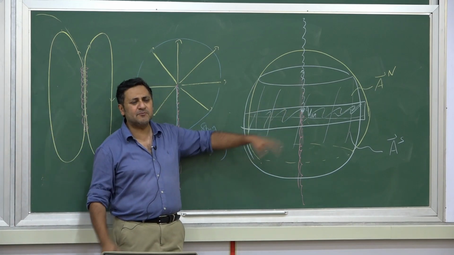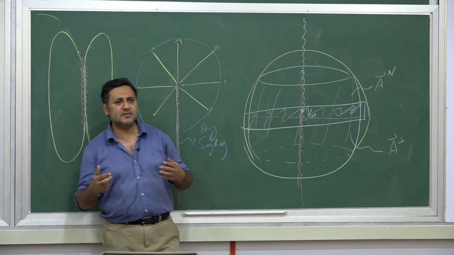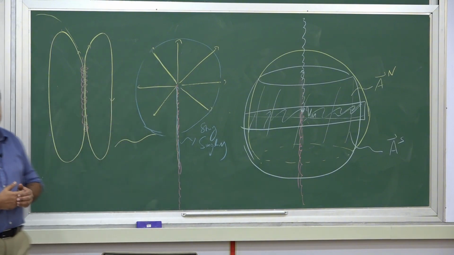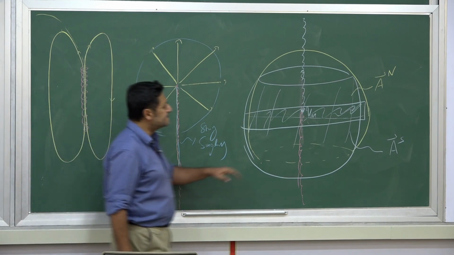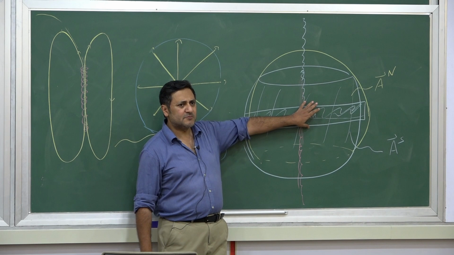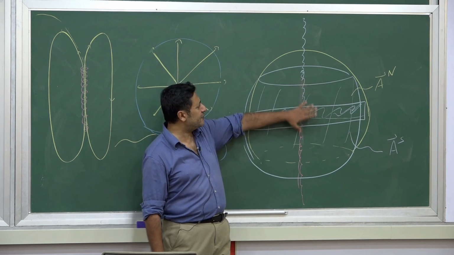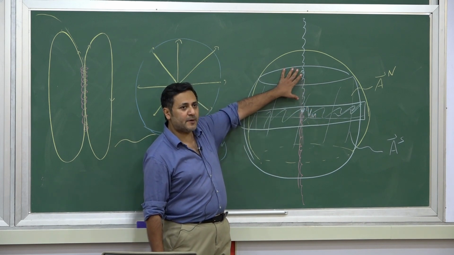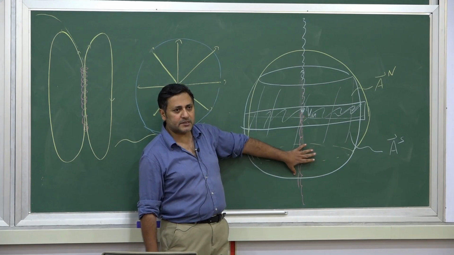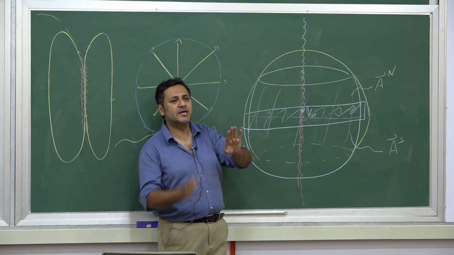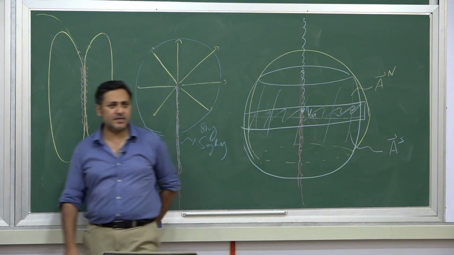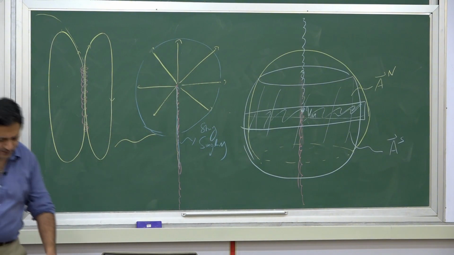All of this can be lifted and described in the language of fiber bundles, which I hope we will be able to discuss someday, but I don't think in this course. But that's what's going on. In simple terms, you have a potential on the top part and a potential on the lower part, because one single does not work. You need two. And then you have to sew them together properly to get something which works.